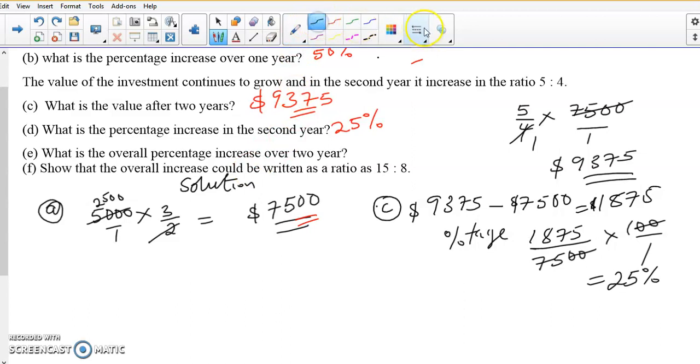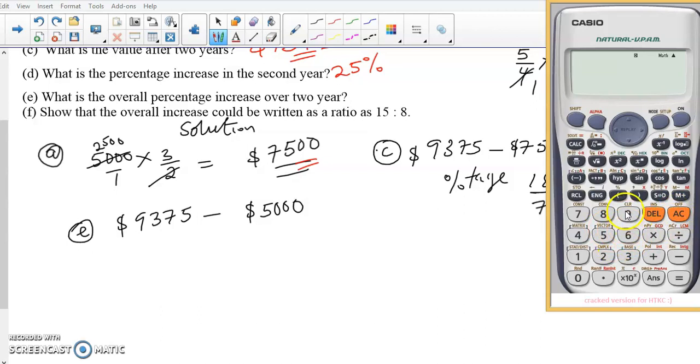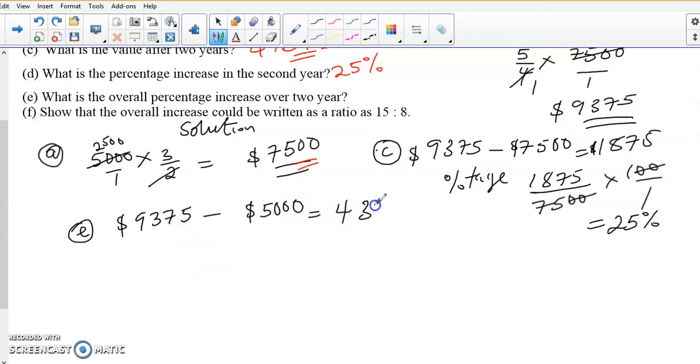So the overall increase is the amount we have after 2 years, $9,375, minus the money we invested, which is 5,000. So that gives us $4,375.